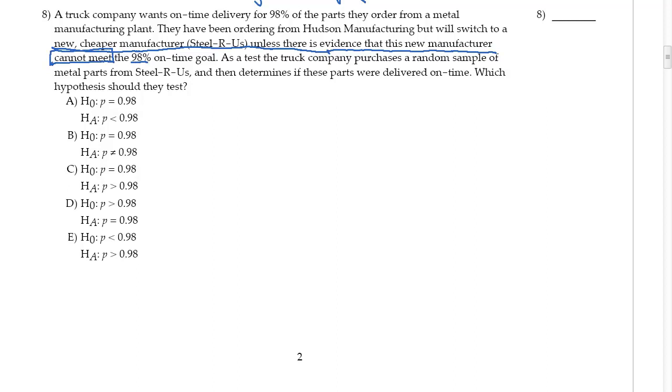So p is going to be 0.98, and cannot meet is going to be less than 0.98. The null hypothesis should be no change, and the alternative hypothesis should be p less than 98%.